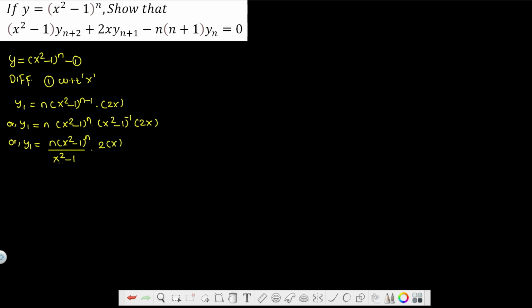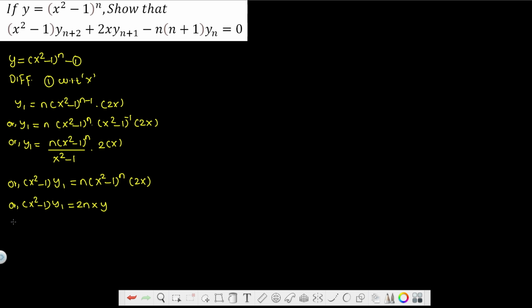If you multiply both sides with x square minus 1, we will get (x square minus 1) y1 equals n (x square minus 1) to the power n and 2x, or (x square minus 1) y1 equals 2nx, and (x square minus 1) to the power n is y, so we can replace it with y.